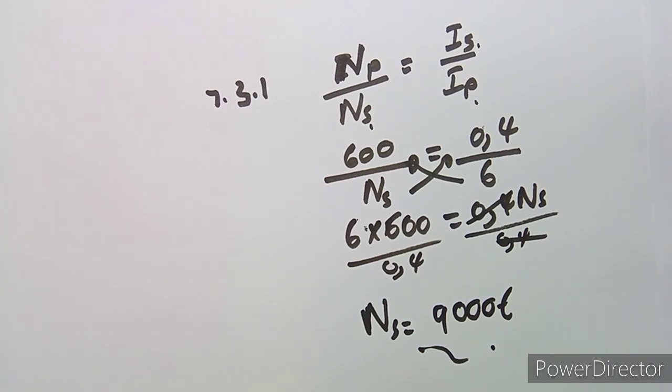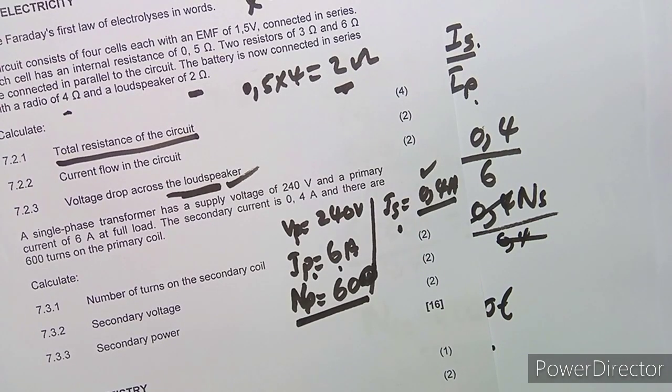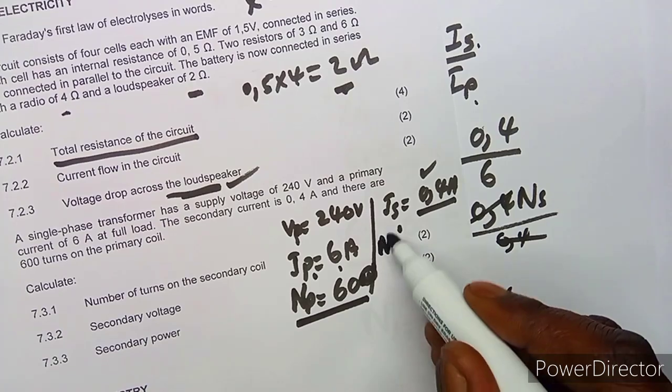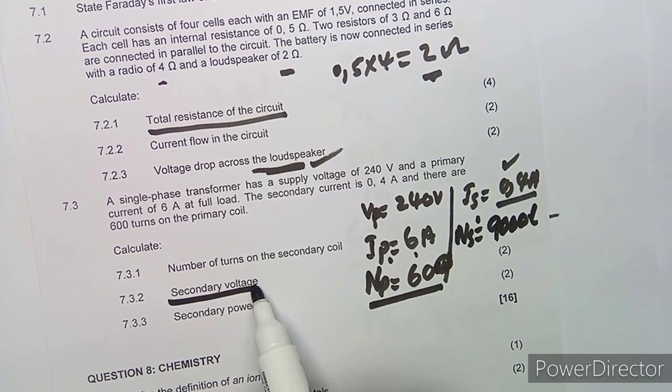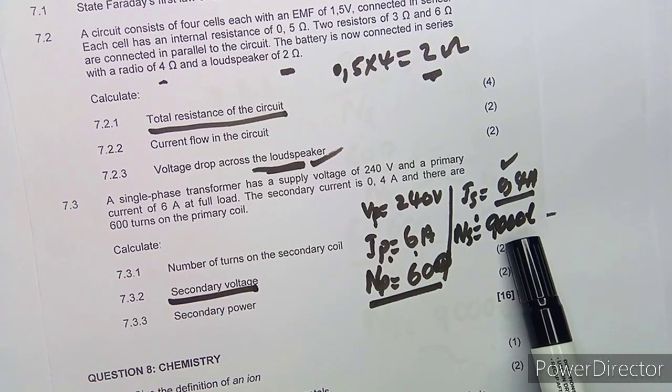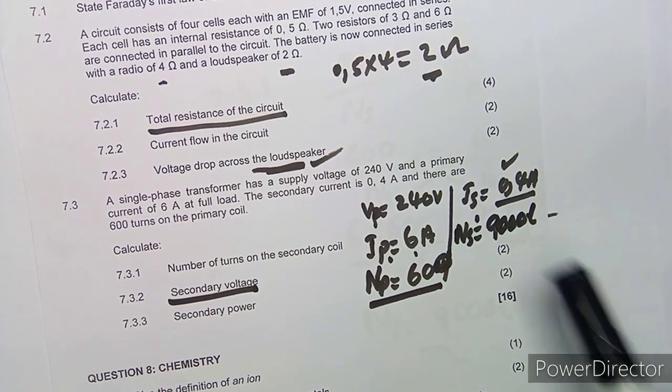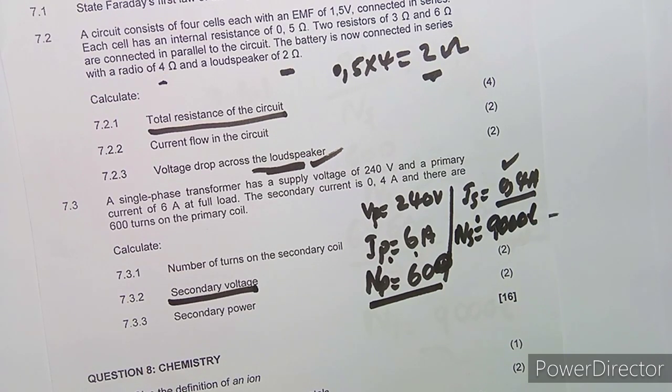Anyways, let's move on. You can write it here: NS is 9,000 turns. What about the secondary voltage? It depends on you. Remember, this NS is the one you calculated. If it is wrong and you use it to calculate the secondary voltage, your answer is going to be wrong.